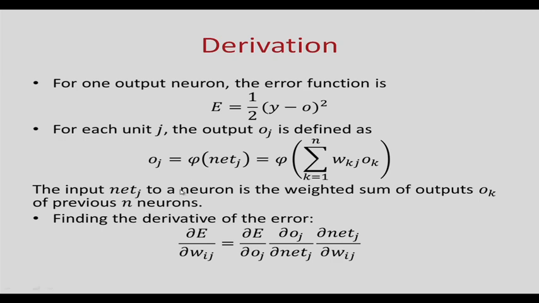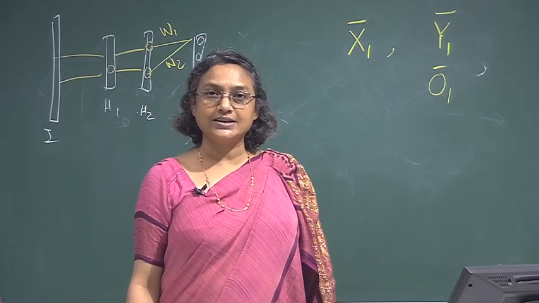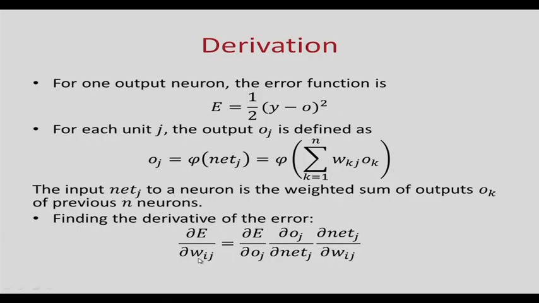Following the method which we followed in the last class, given the formula E equal to half (y minus O) whole square, and O as defined here, we can now find the derivative of this error function with respect to the different weights. As we have n plus 1 different weights, corresponding to the previous inputs and the bias, we can take the partial derivative of the error function with respect to each weight.